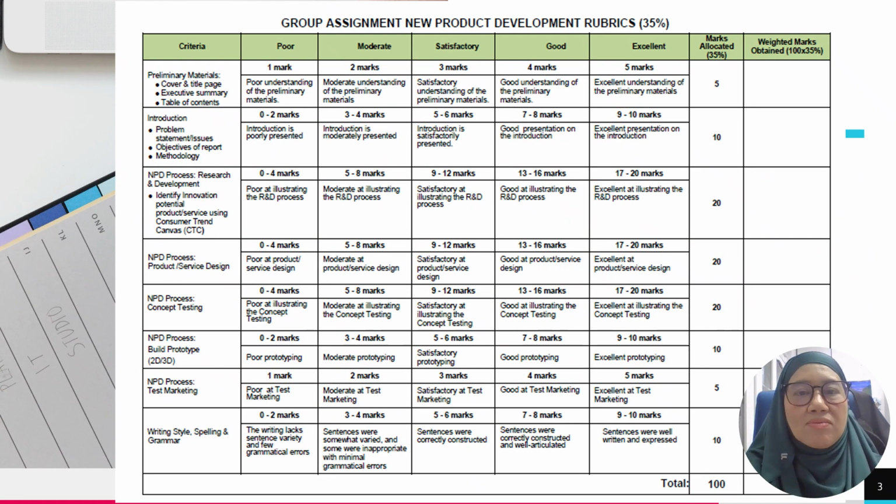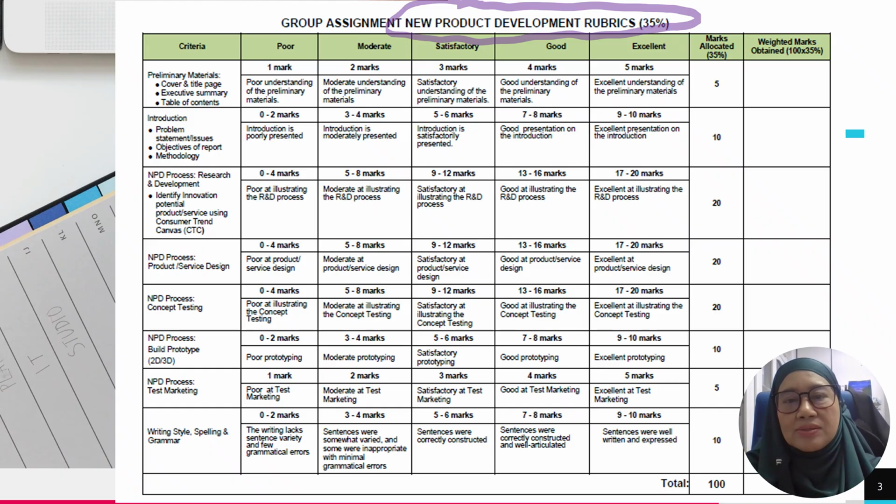Now let's look at your group assignment for the new product development rubric, which contributes 35% to your final marks. This project is where you apply what you have learned to create an innovative product or service idea through the new product development, or NPD, process.